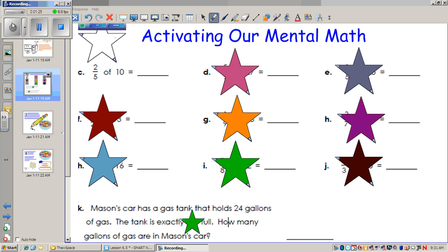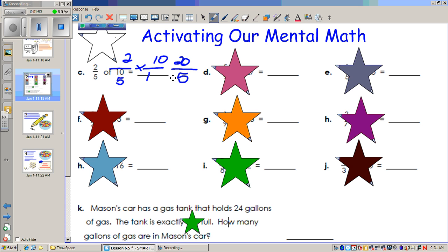I write 2/5 times 10 over 1, because my whole number goes over 1. 2 times 10 is 20, and 5 times 1 is 5. Then I have an improper fraction, so how many 5s go into 20? My answer is 4.